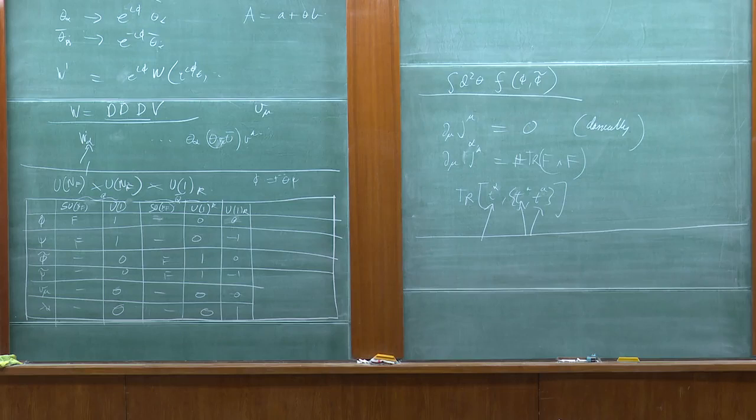D mu j mu of the global current is equal to some f wedge f. Okay? But QCD is anomaly free in the sense of gauge anomaly, just because all quarks are Dirac fermions. It's chiral plus antichiral.